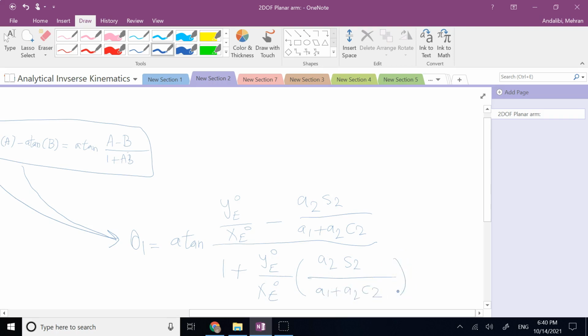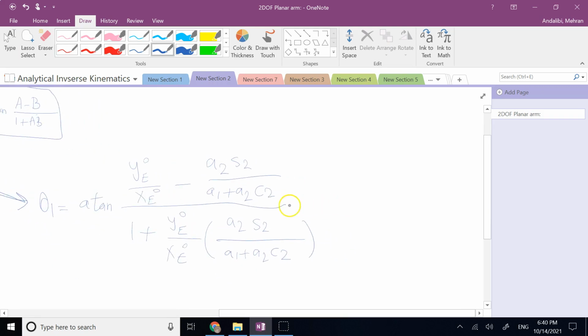And clearly here, if you take a common denominator, right, they both have the common denominator of xe times a1 plus a2 c2, then you will get what?